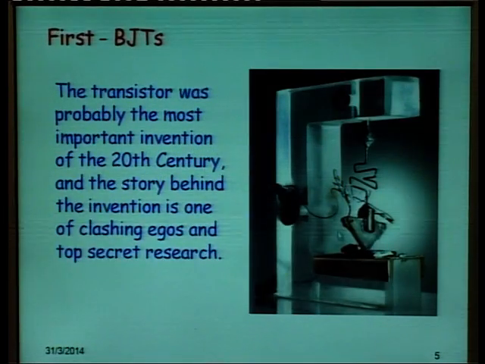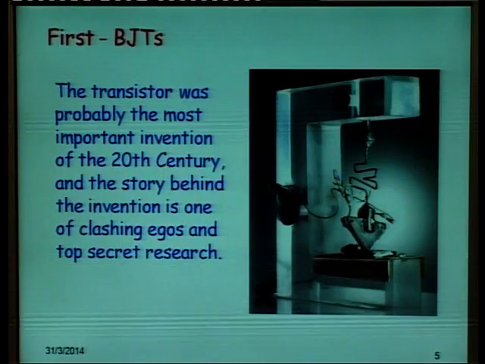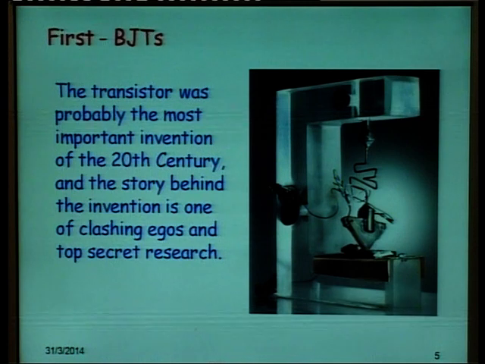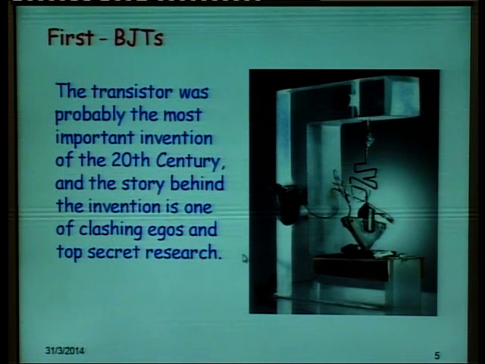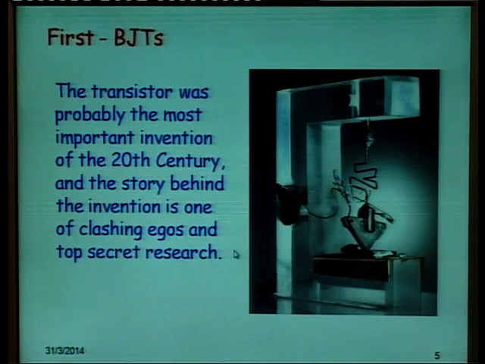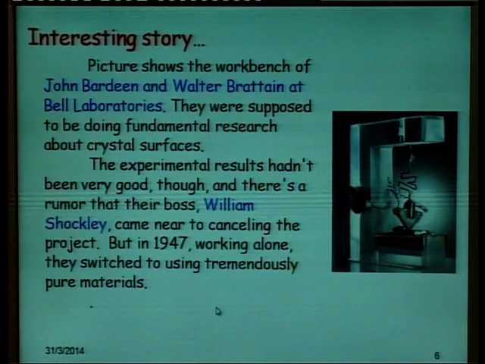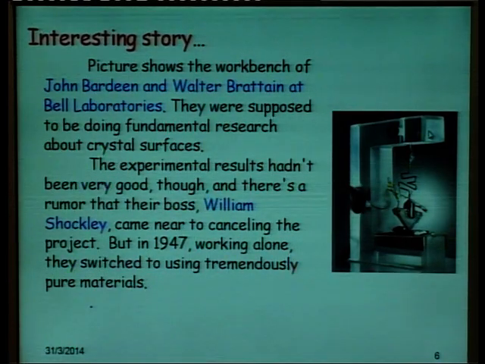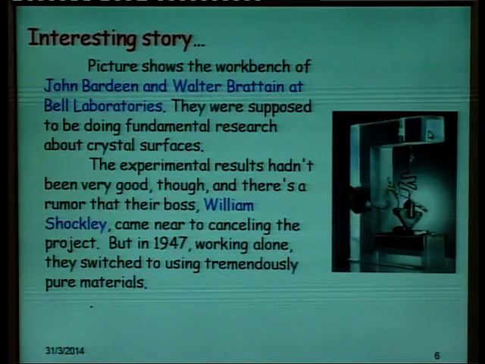This is the picture of the first bipolar junction transistor that was constructed. Basically, the transistor was the most important invention of the 20th century, and the story behind the invention is one of clashing egos and top secret research. The picture shows the workbench of John Bardeen and Walter Brattain at Bell Laboratories.